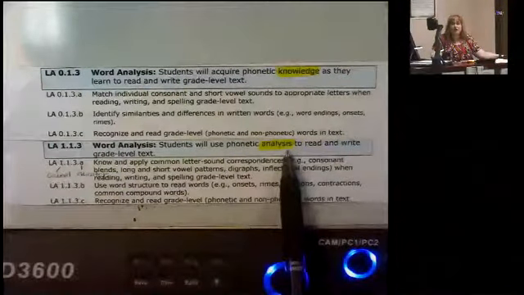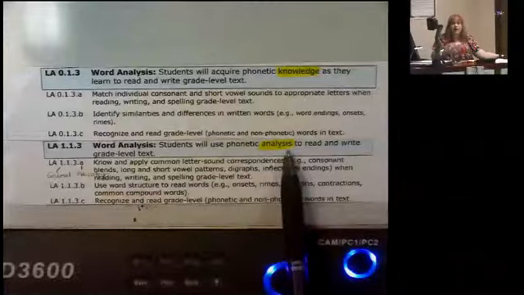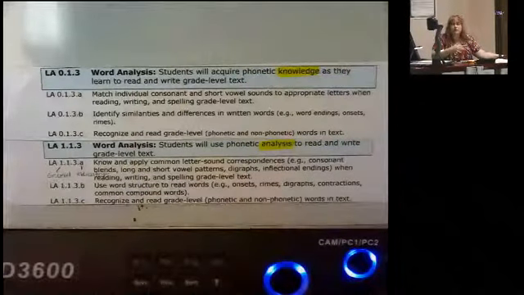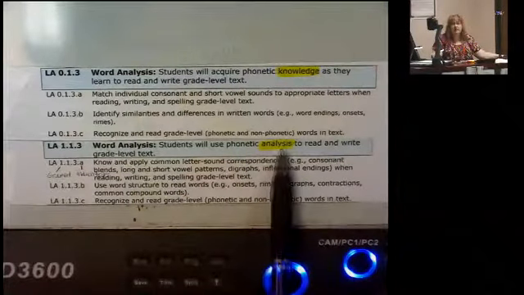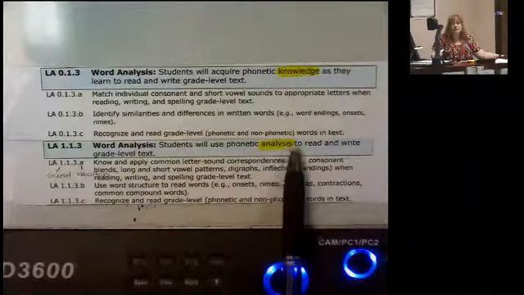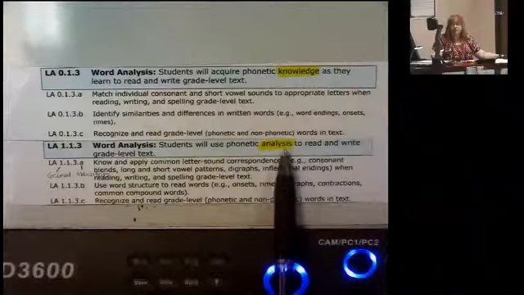Everything builds on the prior skills. What students do in preschool helps them be prepared for kindergarten. Kindergarten skills help them be successful in first grade, et cetera, so that our students can be successful. All the grade levels, all the experiences prior help them meet the standards later when they are tested.